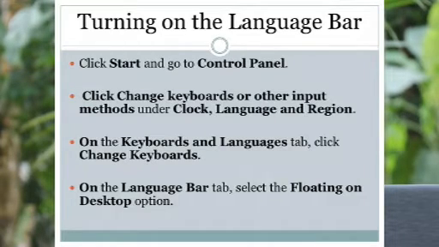From that, select the keyboards and languages tab. When you open it, you can see change keyboards, so click on it. Then the fourth step: on the language bar tab, select the floating on desktop option.